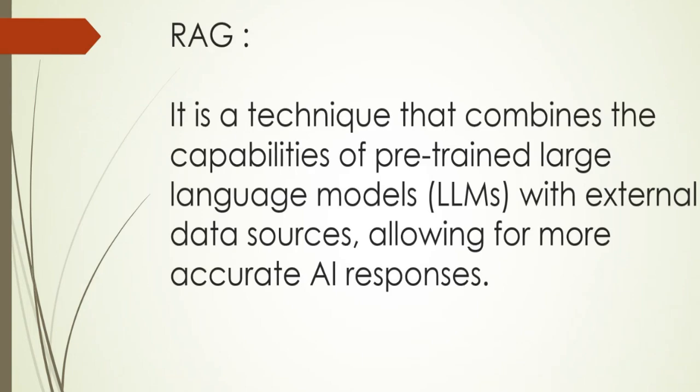So what is this RAG? It's a technique that combines the capabilities of pre-trained large language models with external data sources. So pre-trained large language models we have, and to get real-time access to data, we are going to integrate it with some external data source so that we can have access to real-time data.